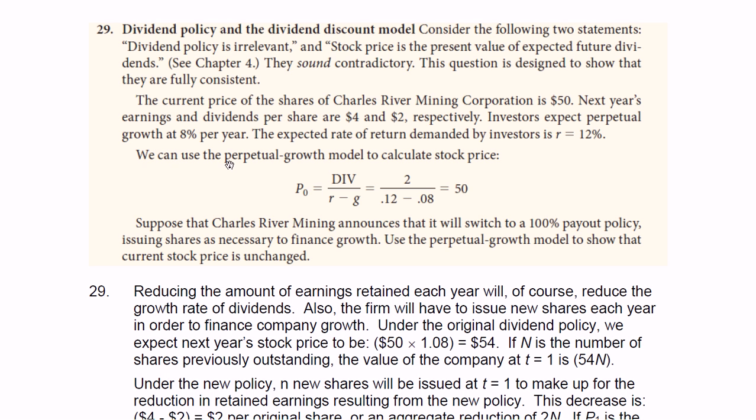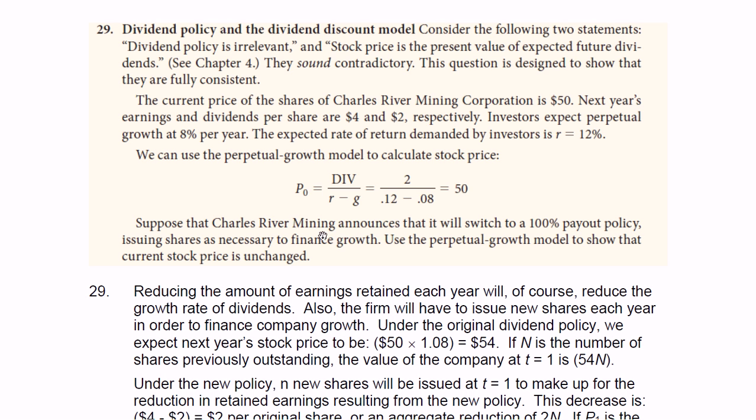We can use the perpetual growth model to calculate the stock price, which is the dividend over the required rate of return minus the growth rate. So the stock price equals 50.